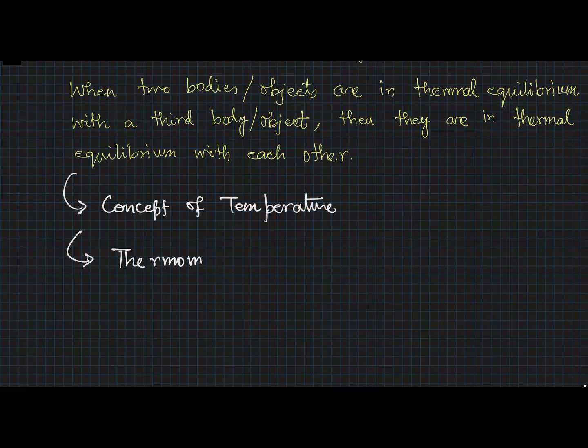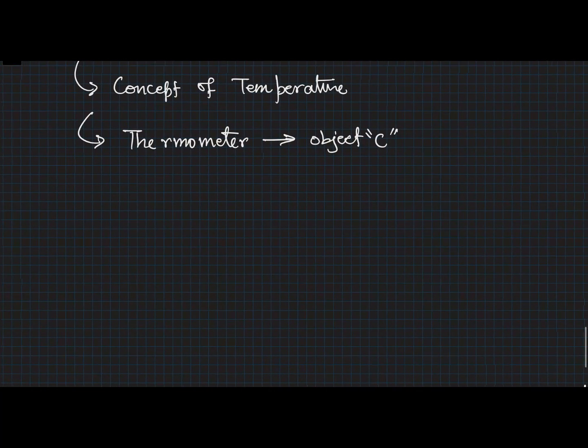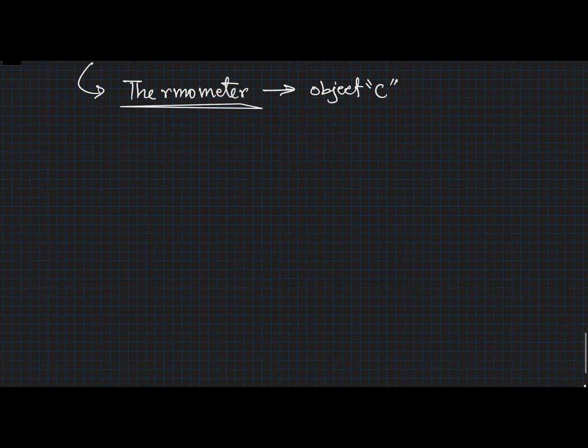So you can consider the thermometer as our object C, where if the thermometer is in thermal equilibrium with some body, and we know the measurable property of that thermometer, then we can find out the temperature of the object. So we have to study this type of thermometers also in thermodynamics, just to know how we are measuring temperatures.